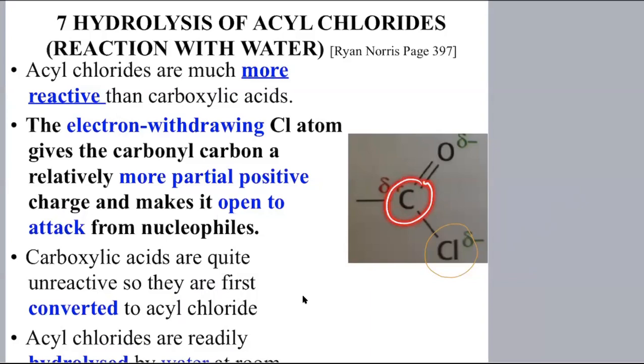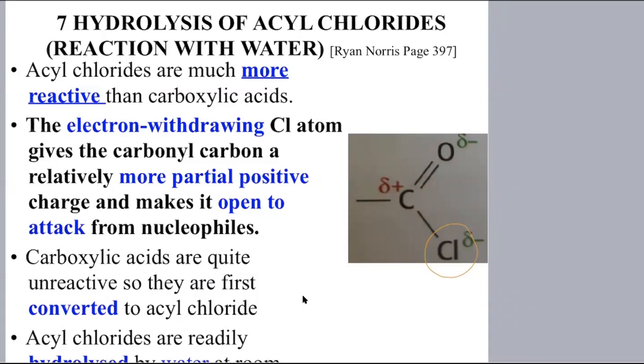It is attached to an electronegative oxygen, which is similar to your carbonyl. So oxygen will be partial negative, and the carbon will be partial positive. That's the similarity between an acyl chloride and a carbonyl compound.